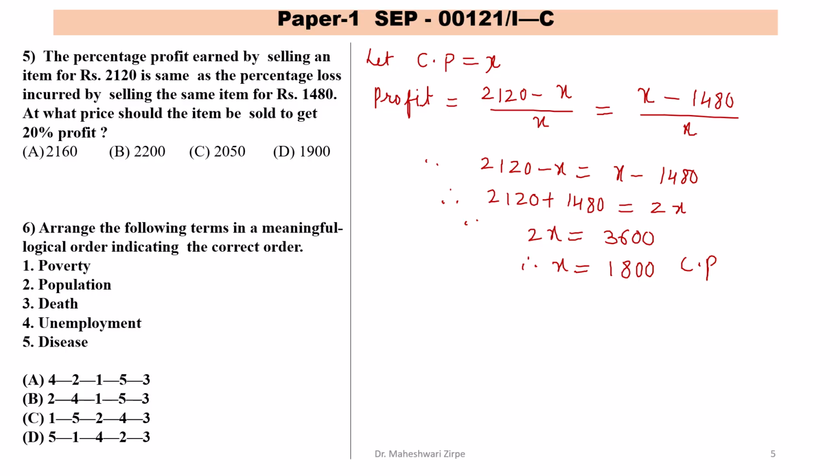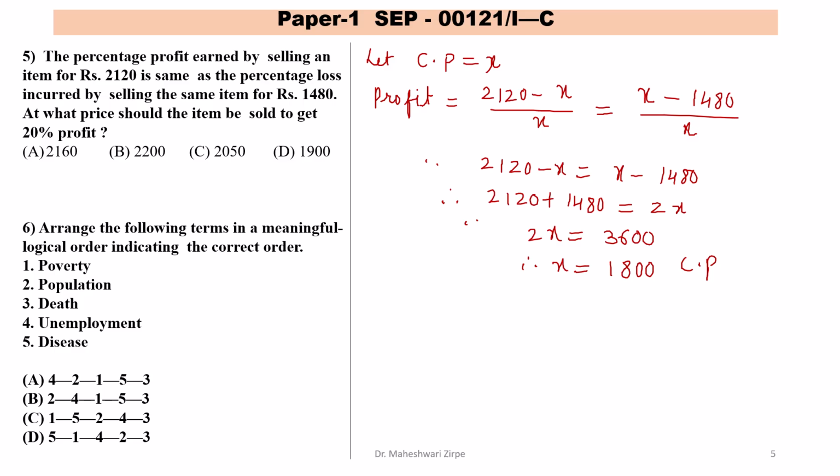Now see what they have said in the last sentence: what price should the item be sold at to get 20% profit. Now if this is the cost price, and we want to get 20% profit, for how much should we sell it?